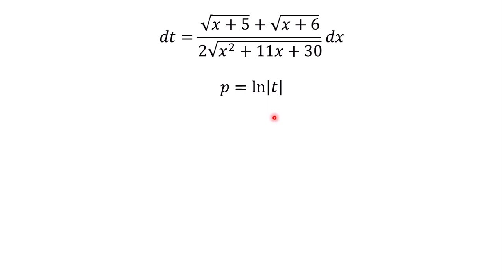Any idea? Well, there is a rule for differentiating absolute values. But to differentiate this one, we are just going to get 1 over t. And how did we get the 1 over t? Now, to differentiate this one, this is what we are going to do.